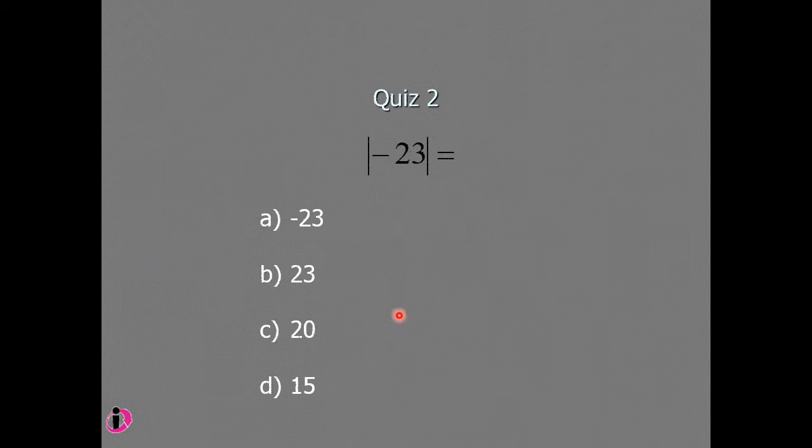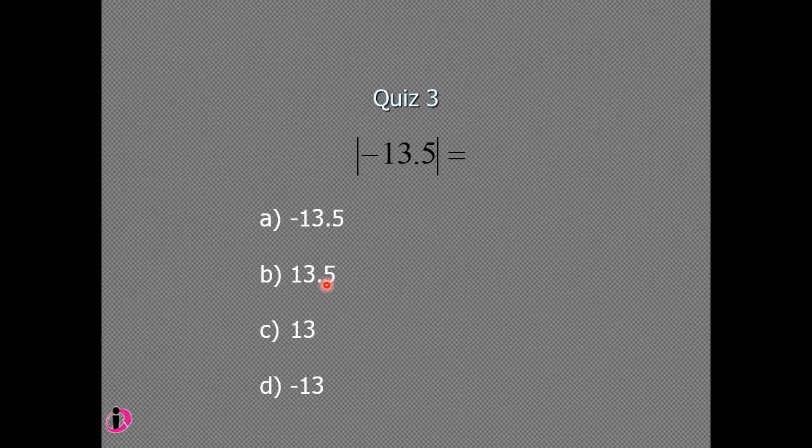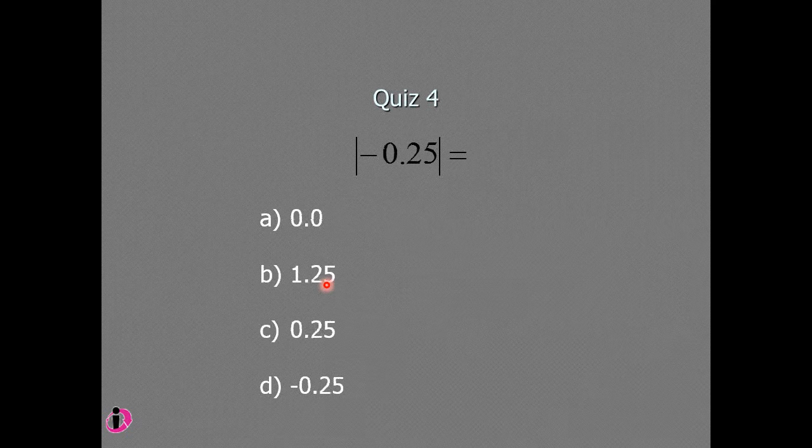Okay, let's try a couple of quiz questions here. -23, we're trying to find the absolute value, right? So the right answer is B, because that's the magnitude, the number 23. -13.5. Again, the right answer is B. The absolute value is 13.5.